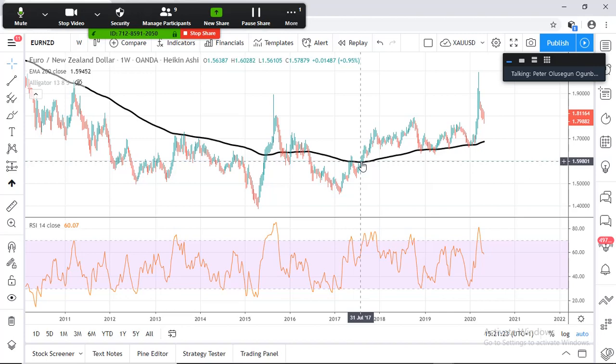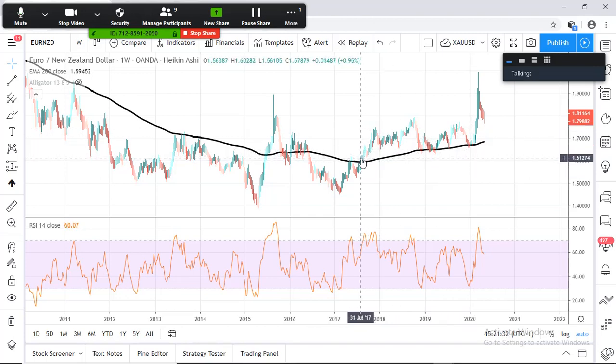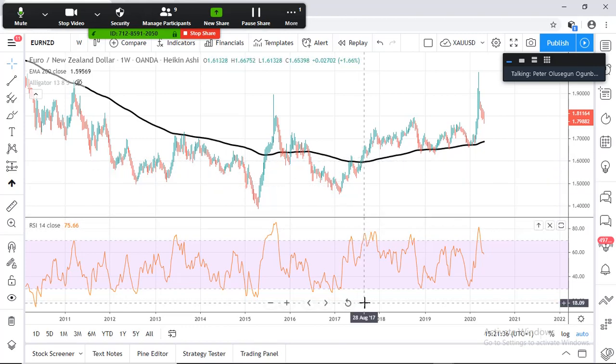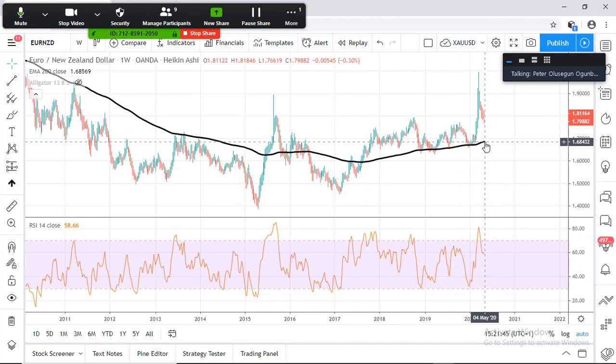Now you can see from the time it crossed there, July 2017, it has been buying. July 31st, 2017, this market has been in an uptrend. So you can see, you see my hand here, then you follow down to this point. This is the date, June 26 here. So up to date it's an uptrend.